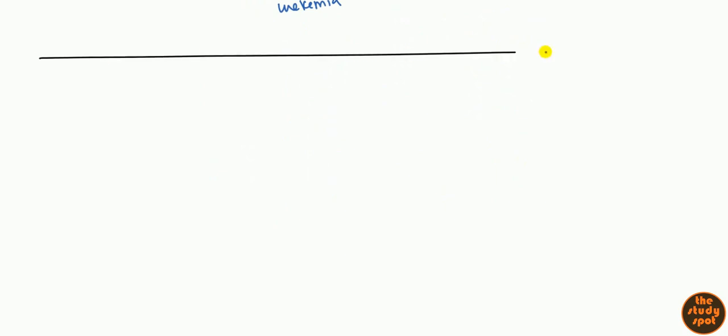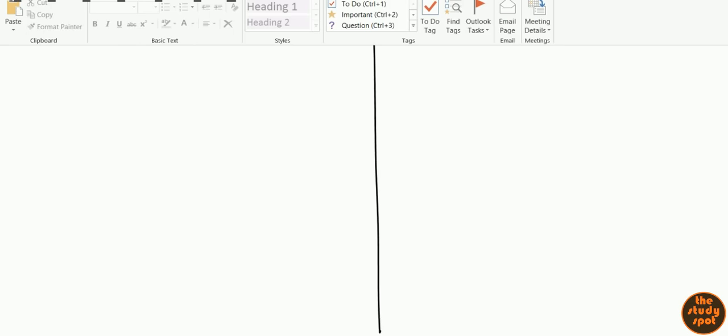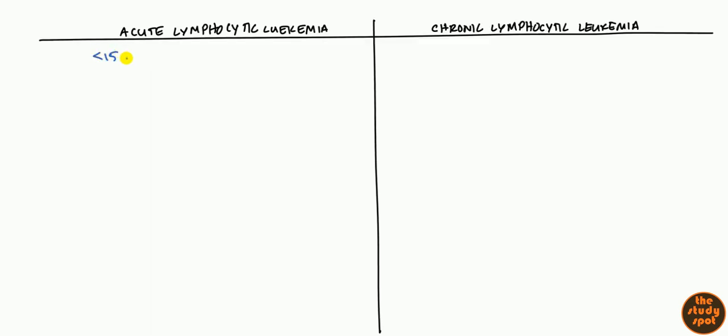So now that we've talked about pathogenesis, the next thing we can talk about is each of those individually. So we're going to put acute lymphoblastic leukemia on the left side here, or acute lymphocytic leukemia as well, and then we can put chronic lymphocytic leukemia on the right side here. Acute lymphocytic leukemia generally happens in children less than 15 years old, peaking anywhere between 2 and 5 years.